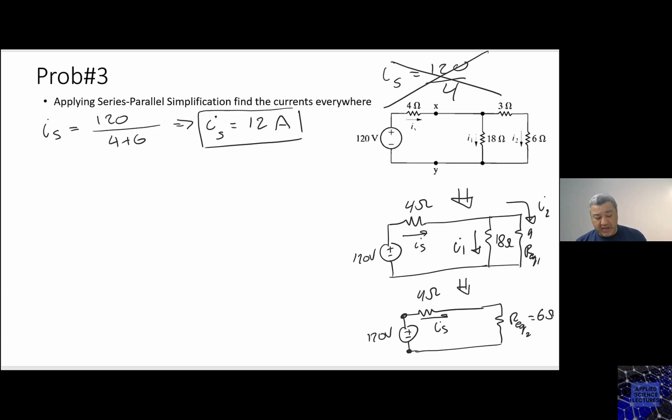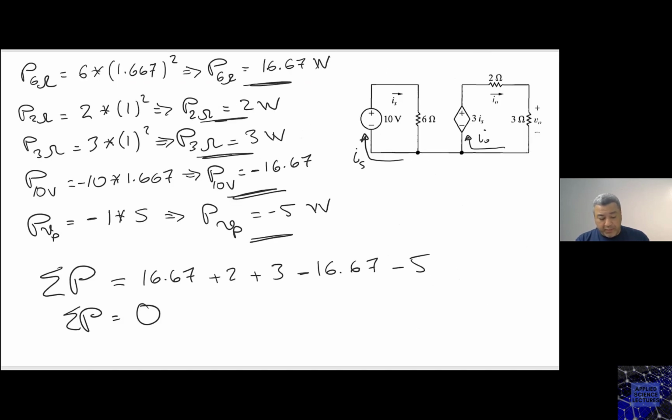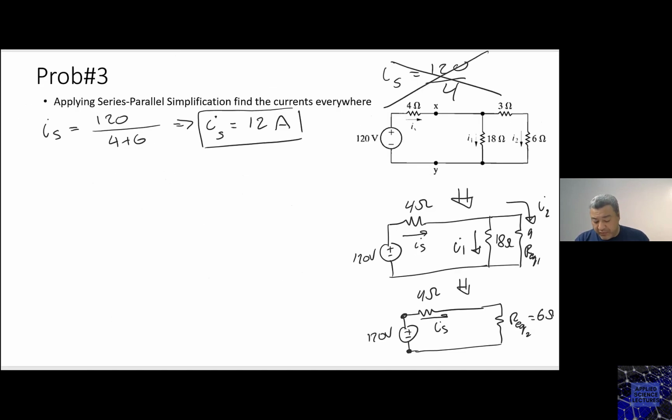So this is IS. Now, after I found IS, I need to go now backward by finding now the voltage across the 6 ohm. I'm calling it V2. Why am I doing this? I'm doing this because V2 across the 6 ohm is this one as well.